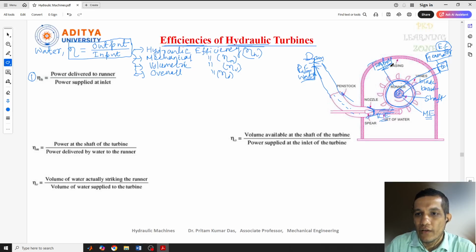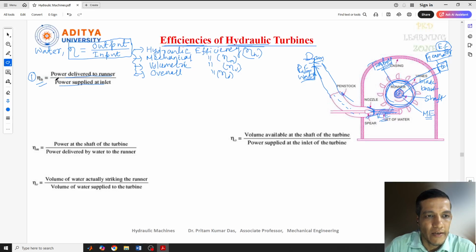Now, how to calculate the hydraulic efficiency? We need the power supplied at the inlet and the power delivered to the runner. That means it is the ratio of the power given by the water to the runner, because water is flowing through here and the runner is this part. The power is delivered to the runner of a turbine, because it is fixed in the turbine.